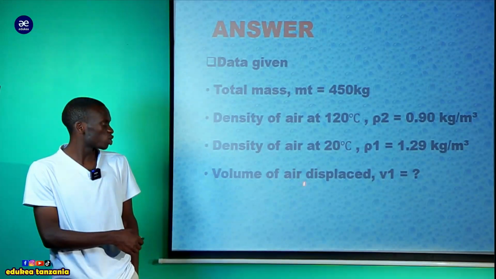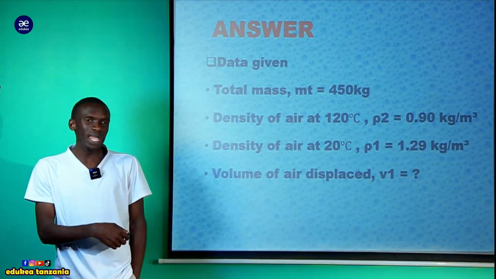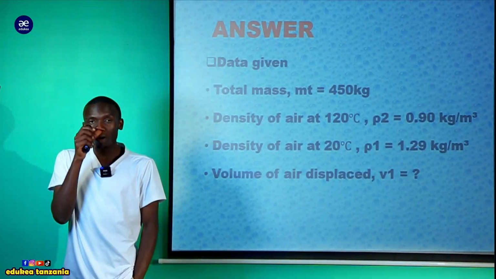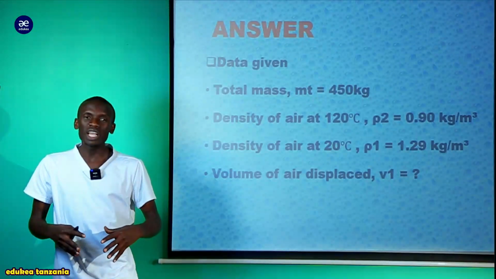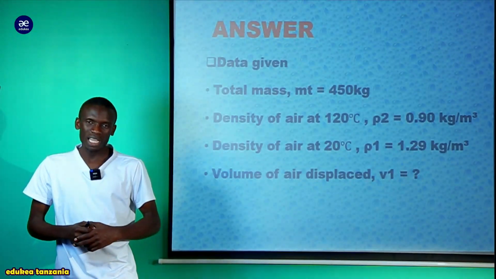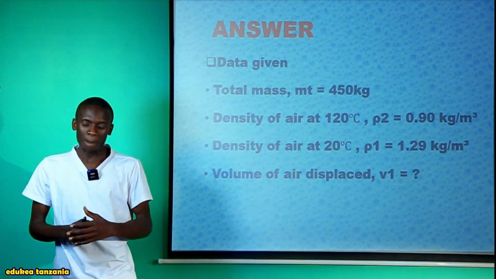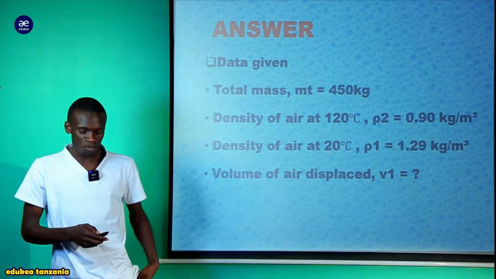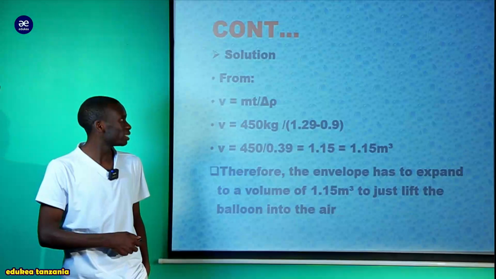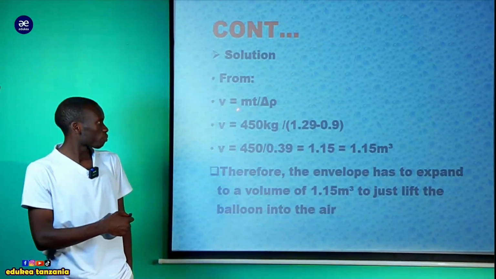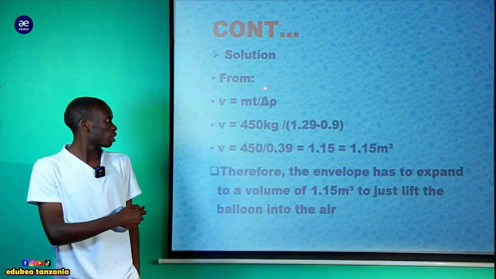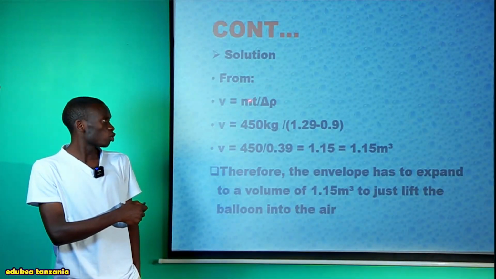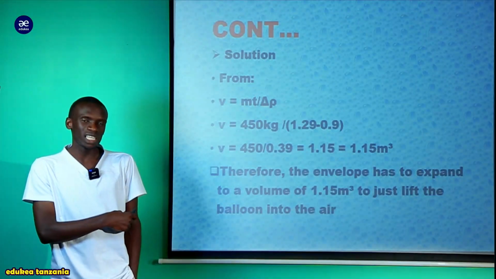We are required to determine the volume of air displaced, or the volume to which the balloon will expand in order to make it float. Then the volume expanding will be equal to total mass divided by change in density.